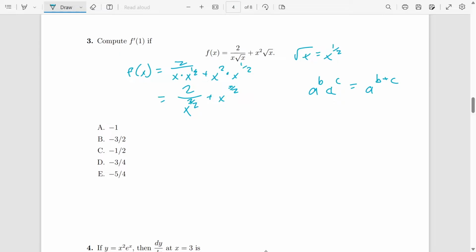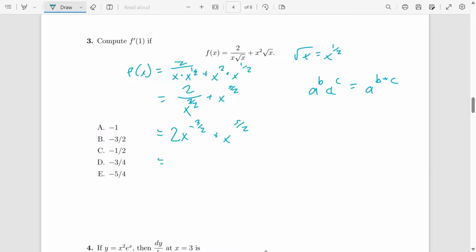So now that we've smushed that all together, actually I want to do one more thing. I'm going to move this x to the 3/2 up to the top by making it negative. So this is now 2 times x to the negative 3/2 plus x to the 5/2. That is a lot simpler to take the derivative of because it's just the exponent trick where we move it out to the front.